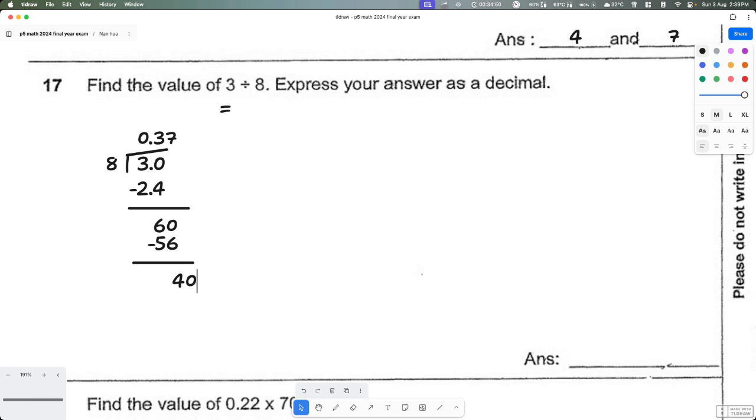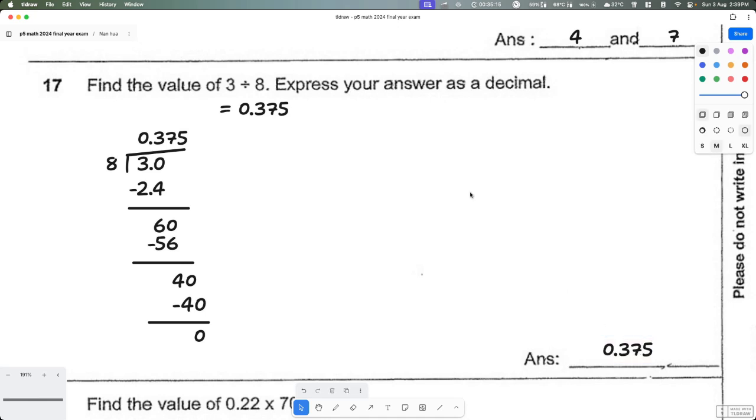So we bring down 0 again. So this can be minus by 40, and now this will in the end become 0. What will give us 40? The answer is 5. So the answer to this question is 0.375. There you go, 0.375.